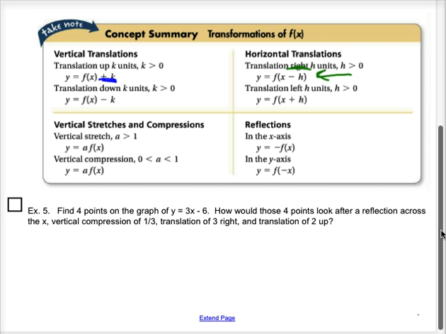This last one, I want you to think through that table that's still showing, and find any 4 points on the graph, and play around with this, okay? I want you to see if you can manipulate it and change those 4 points with those following transformations. At the beginning of class, we will talk through this, but I want you to give it a shot first.